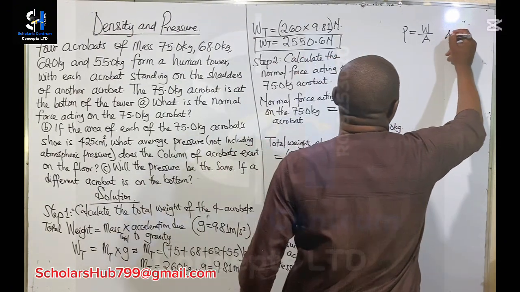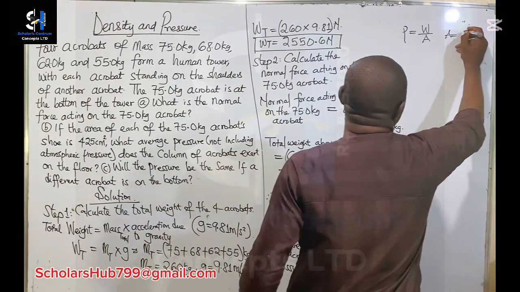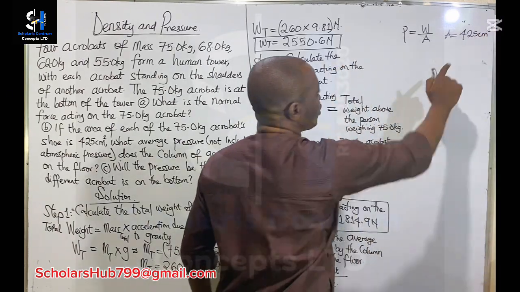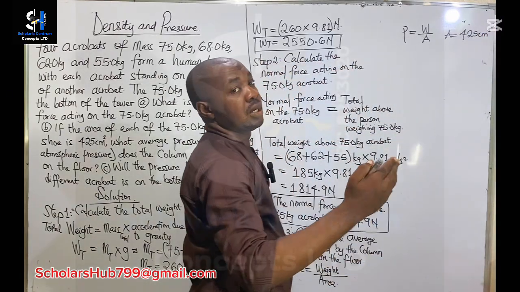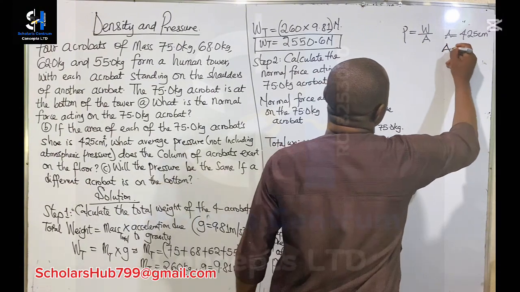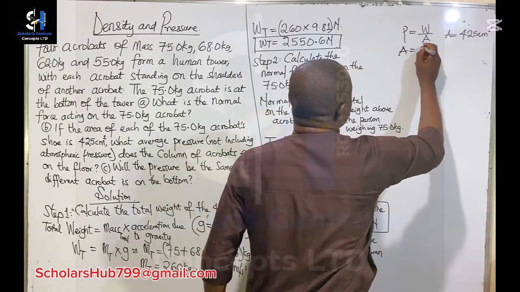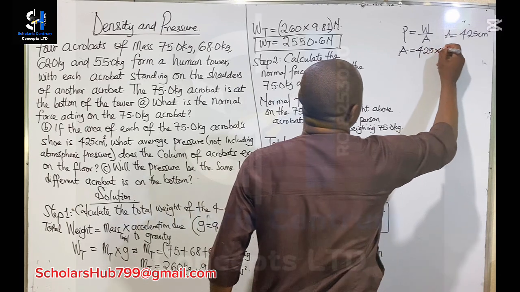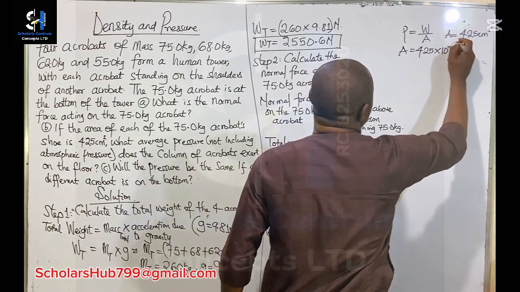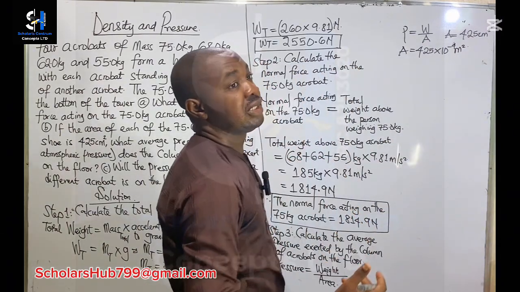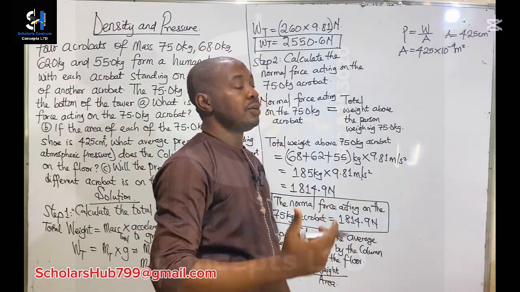Now, the area is given to be 425 square centimeters. So let's convert this into meters. A will be equal to 425 times 10 raised to the power of minus 4 square meters. That's from centimeter square to meter square.